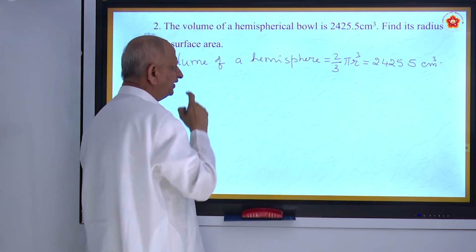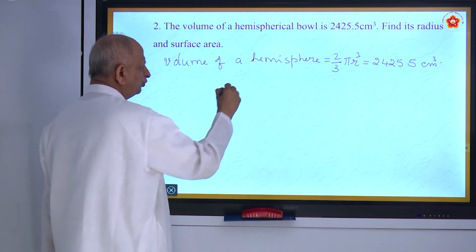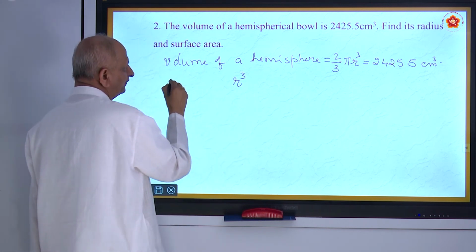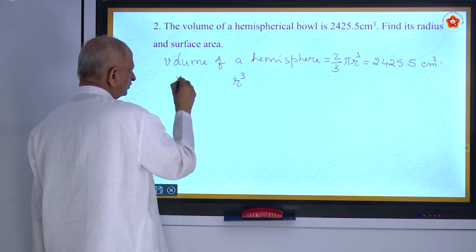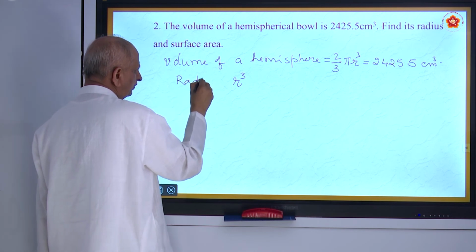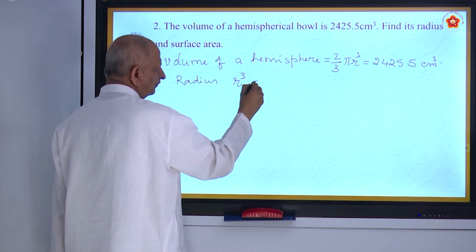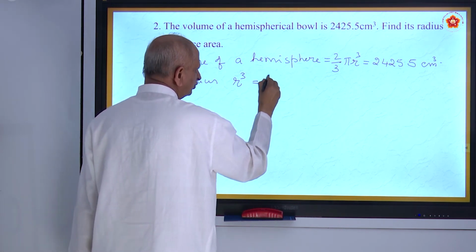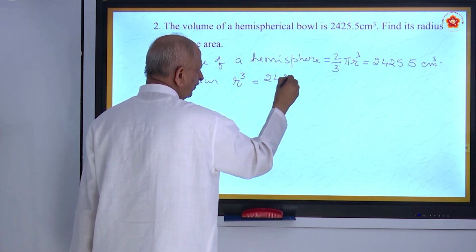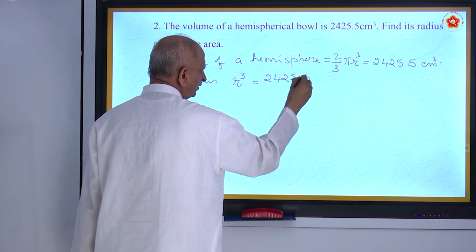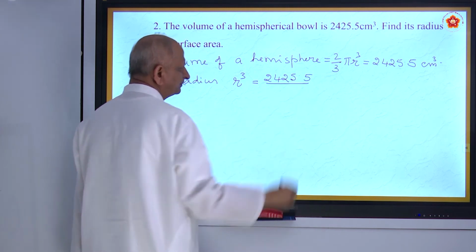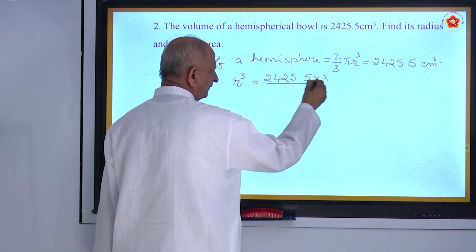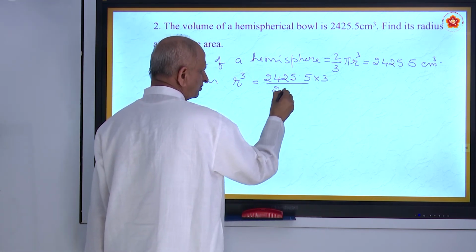Now using this you have to find out r cube. You are asked to find out radius. So r cube, when you bring that side, will be 2425.5 divided by this. You divide, 3 will go up, 2 will come down.